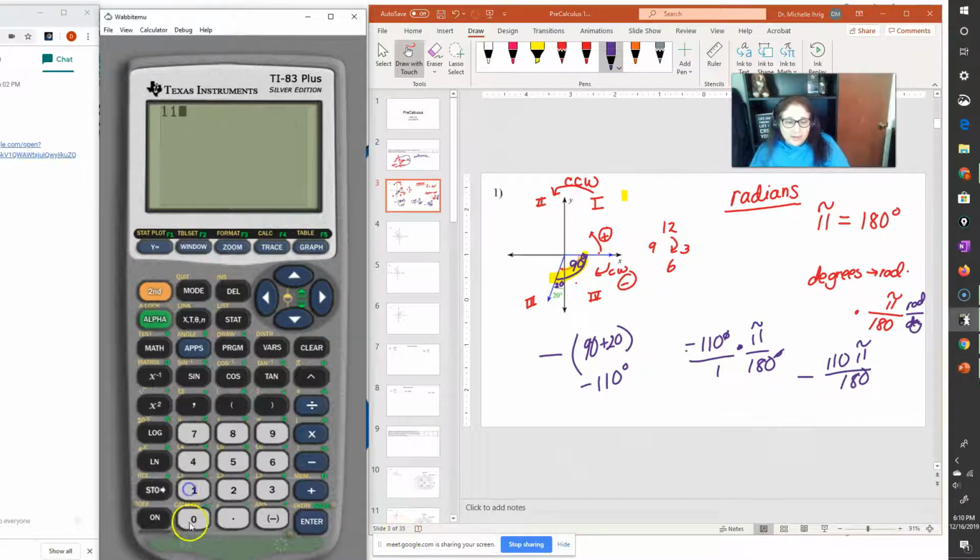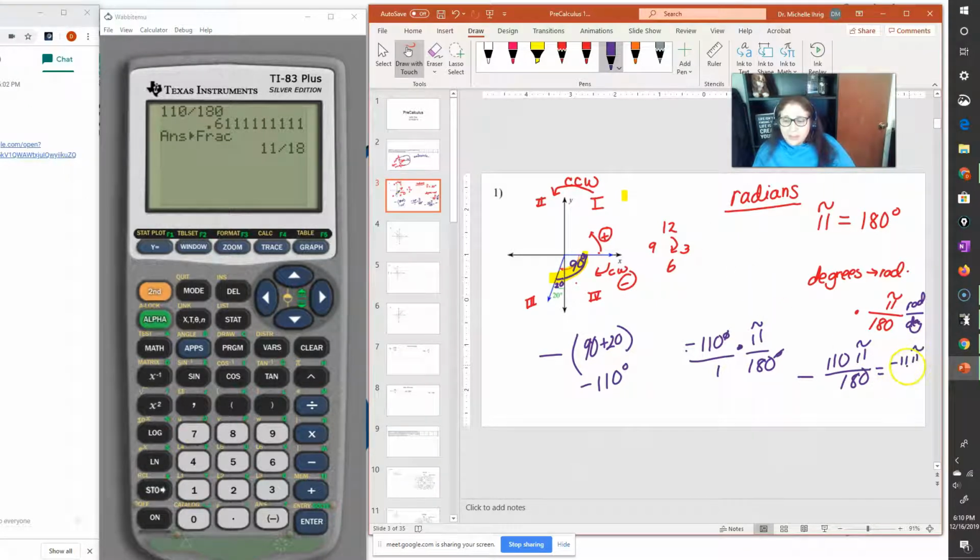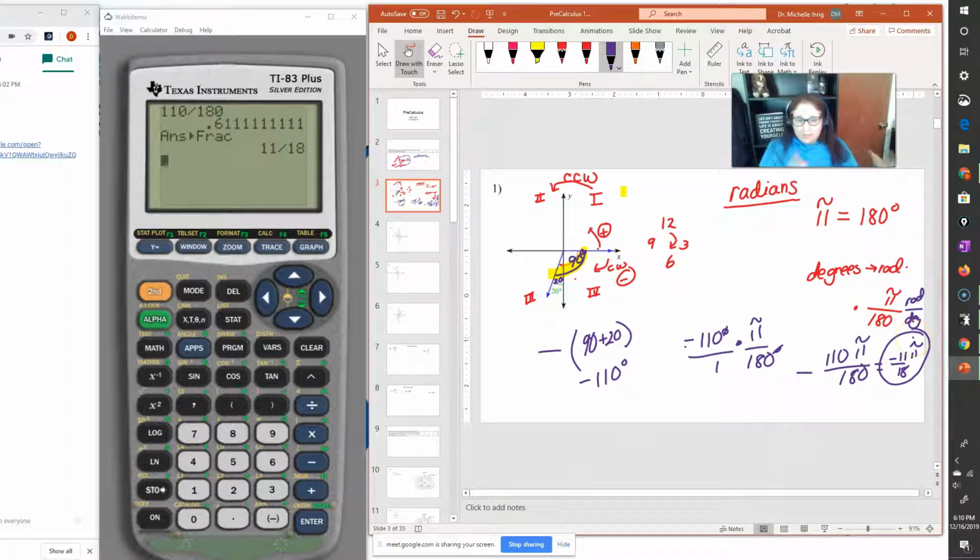So I could, on my calculator, do 110 divided by 180, and I get a decimal. But we don't like decimals when it comes to radians. We need to have fractions. So that's when you're going to click Math and click that fraction, it's the first thing. Now it's going to change it to a fraction. So we know that the real answer is negative 11 pi over 18. And that would be the radian measure.